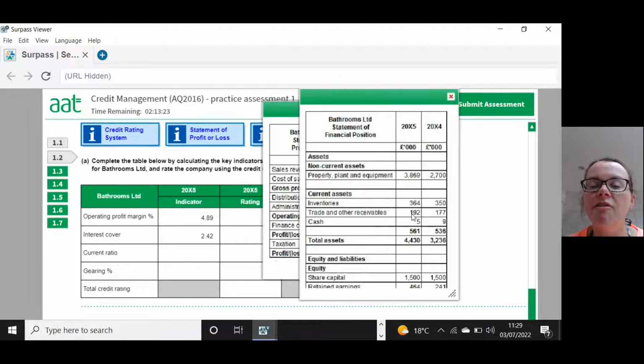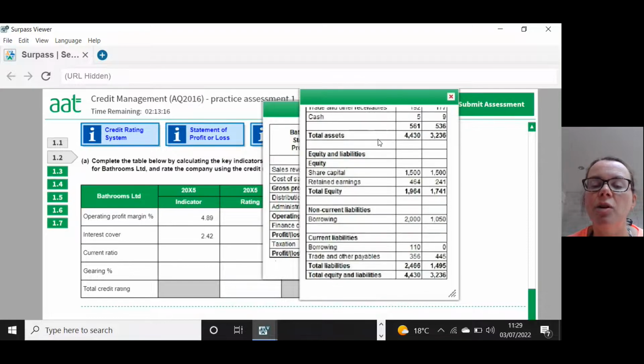So you need your current assets, which is 561 for the year X5, divided by your current liabilities. Now watch out here, they haven't given you a subtotal of the current liabilities. So you're going to have to add together the 110 and the 356. Right, so altogether I've got 561 divided by 466, which gives me an answer of 1.20 to 2 decimal places.